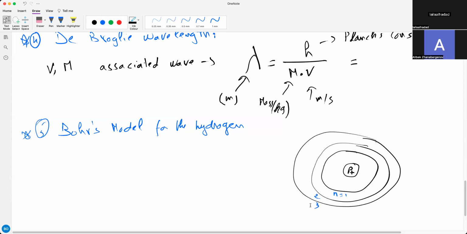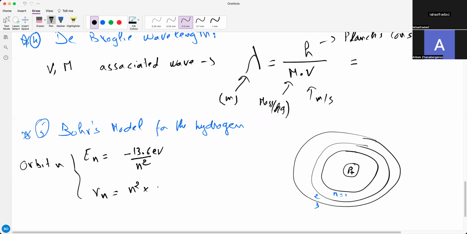Each orbit n has an energy equal to minus 13.6 electron volt divided by n squared, and it has a radius that is n squared times 0.53 10 to the minus 10 meters.